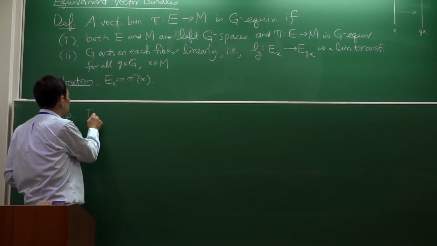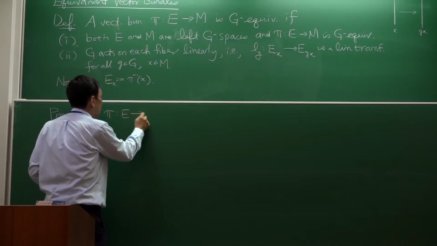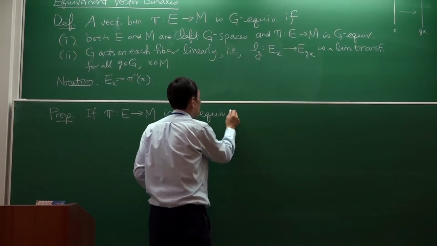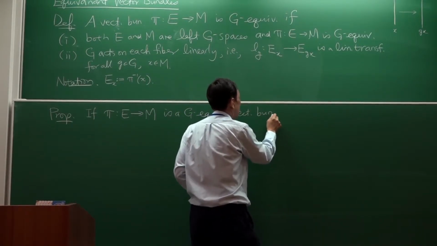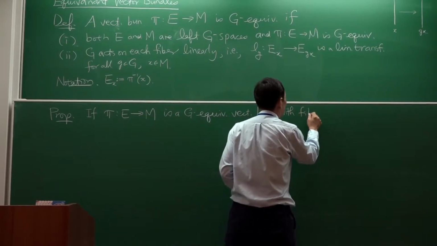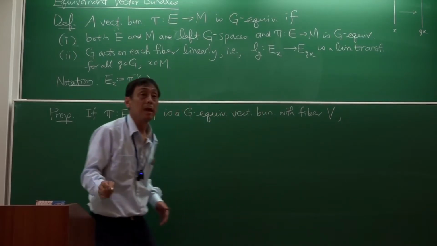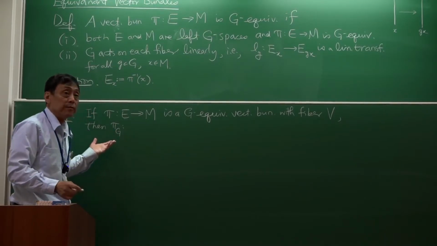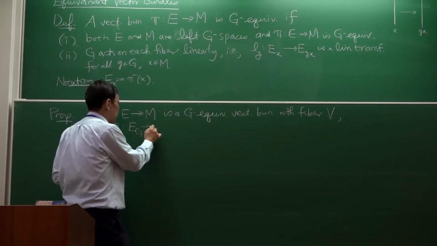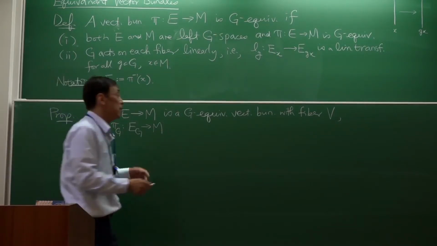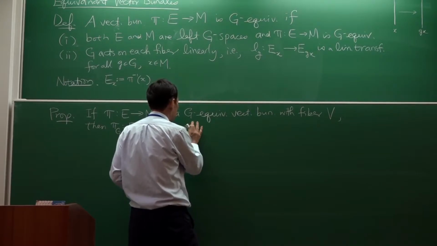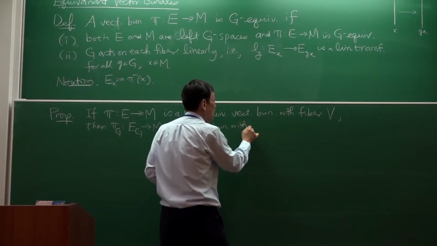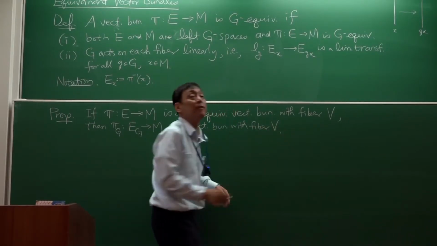So if pi from E to N is a G equivariant vector bundle with fiber V, then the induced map in the homotopy quotients is an ordinary vector bundle with the same fiber.